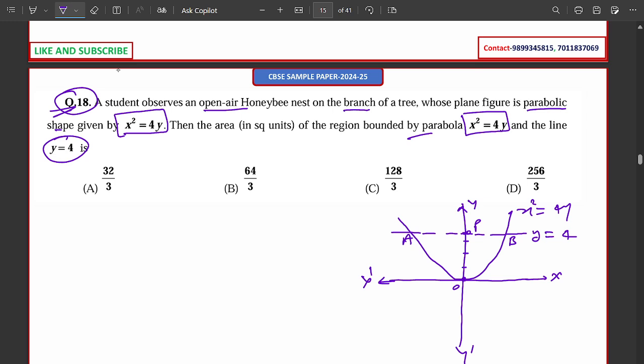So basically we have to find first of all the area, and after that the whole area of AOB. So area of AOB is equal to 2 multiplied by the area of BOPB.